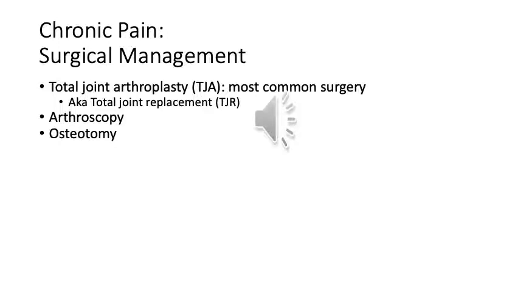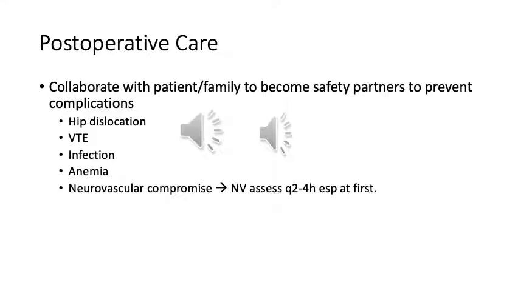Arthroscopy is when an endoscope is inserted through an incision near the joint, such as a knee. It's a visual exam used to diagnose and treat the interior of a joint. Osteotomy is the removal of a piece of bone or cutting out of the bone. Prevention of complications post-surgery includes preventing hip dislocation.